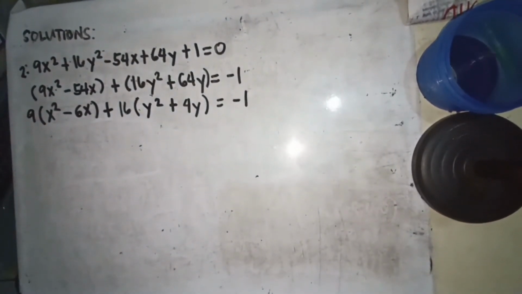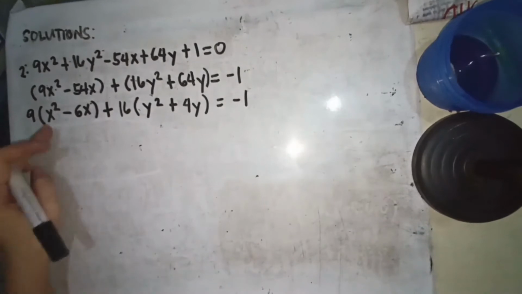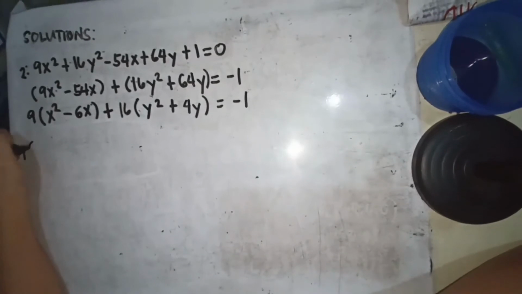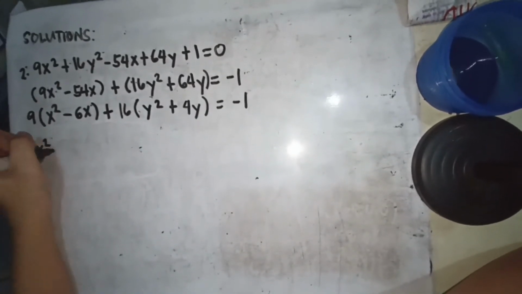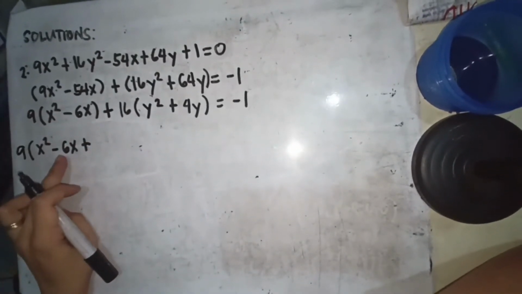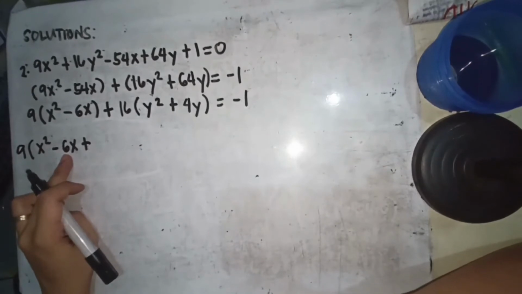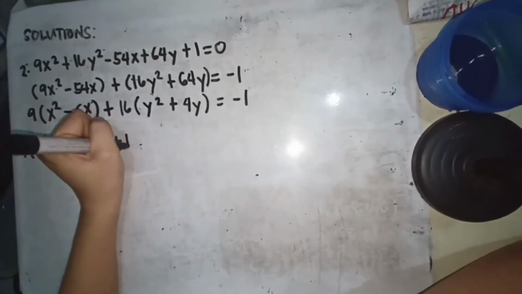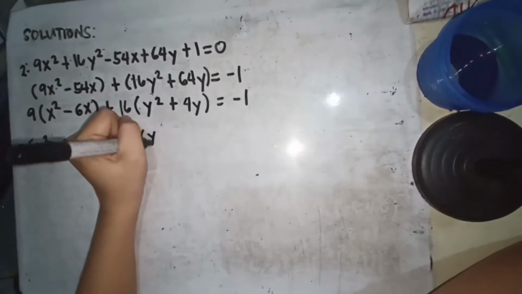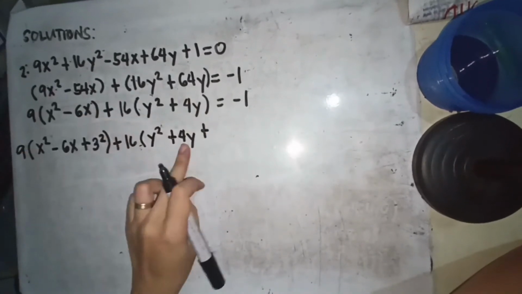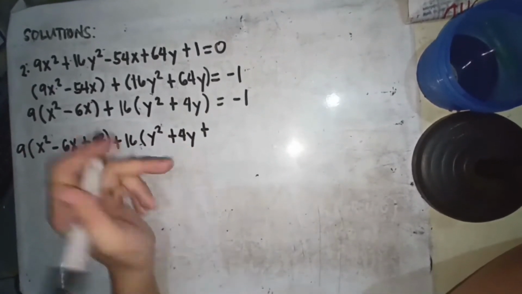Okay, next, we have to perform completing the square on the groups inside the parentheses. So, we'll have 9 times x squared minus 6x plus, completing the square, we take the 6 term, 6 divided by 2, we have 3. So, we'll have 3 squared, plus 16 times y squared plus 4y plus, completing the square, 4 divided by 2, that is 2.